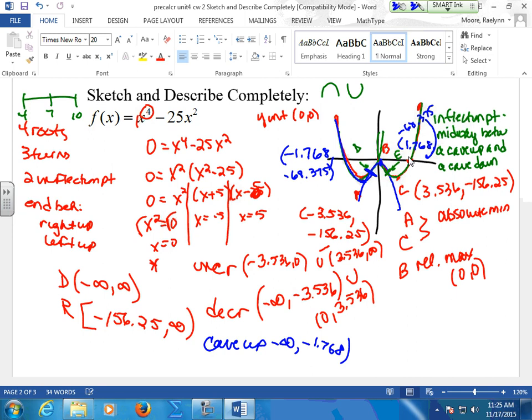Then what did I do from here to here? What kind of motion did I make? Cave up or cave down? Good. You cave down. Concave down from this x value to the next x value. And then from there to there, what did you do? Caved up.